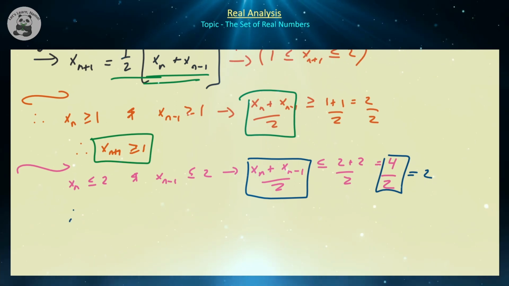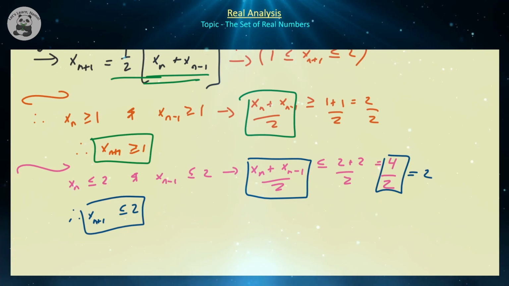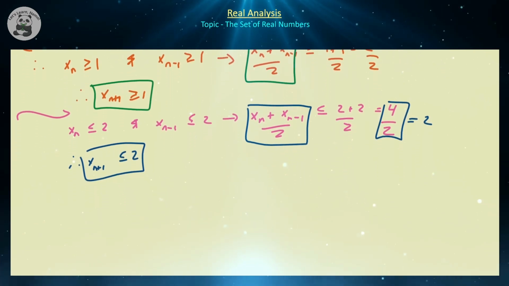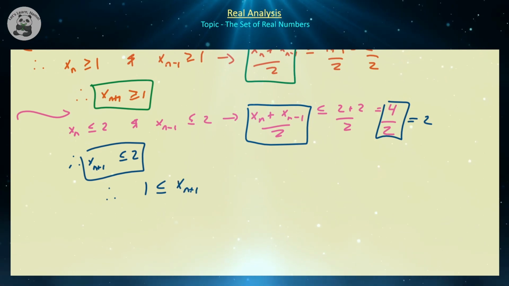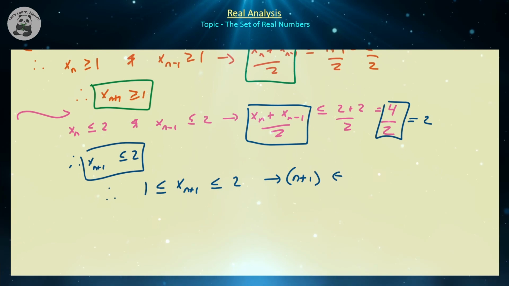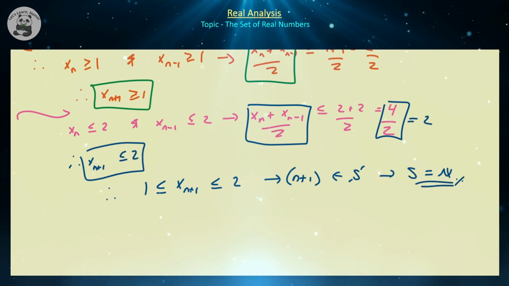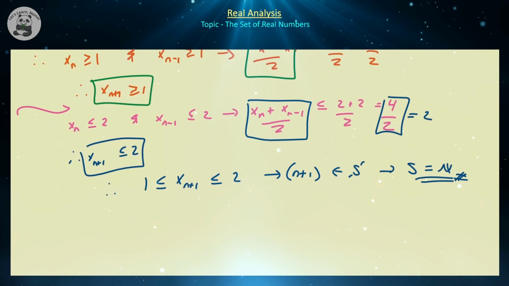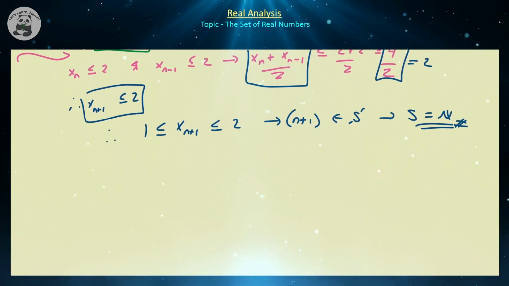So that means that x_{n+1} is less than or equal to 2. And combining these two inequalities in the same exact realm, we have that 1 is less than or equal to x_{n+1} is less than or equal to 2, which means that n plus 1 is an element of S, which means, from the principle of mathematical induction, S and N are indeed the same exact set, which means this inequality is true for all natural numbers n, right? And that completes the proof.